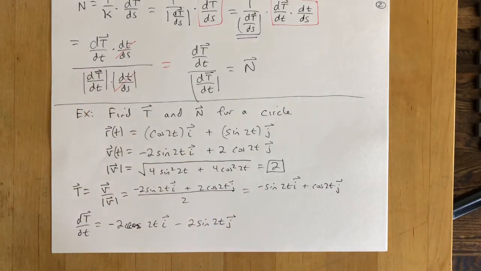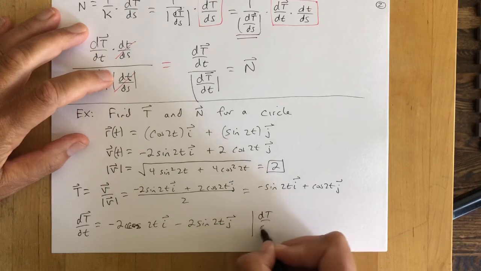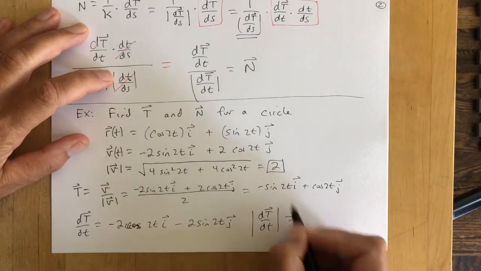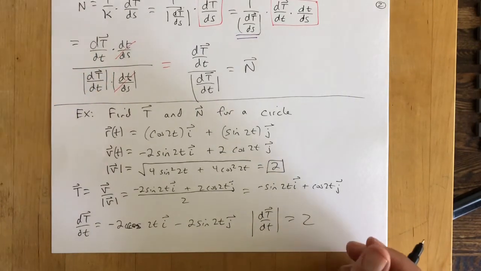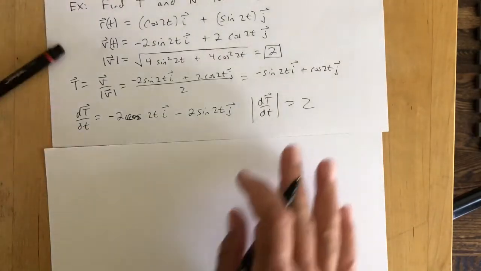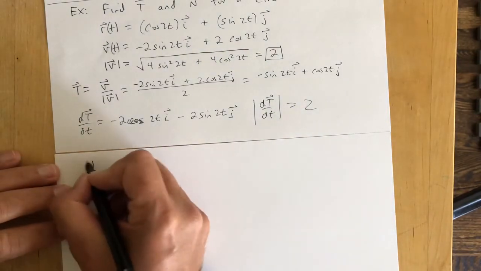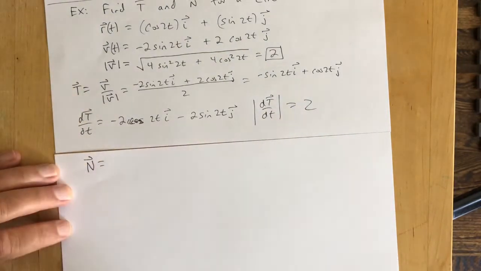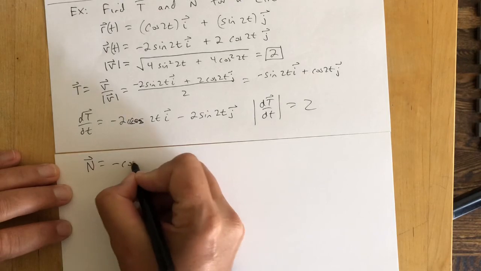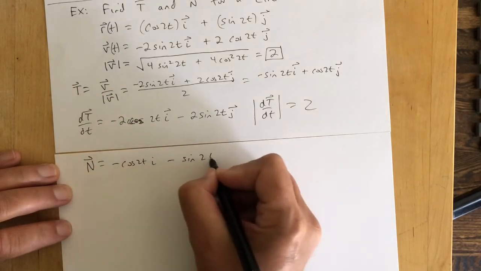Okay. And not shockingly, the length of dT/dt is exactly 2. So now we write down N here. And N turns out to be minus cosine 2t i minus sine 2t j.